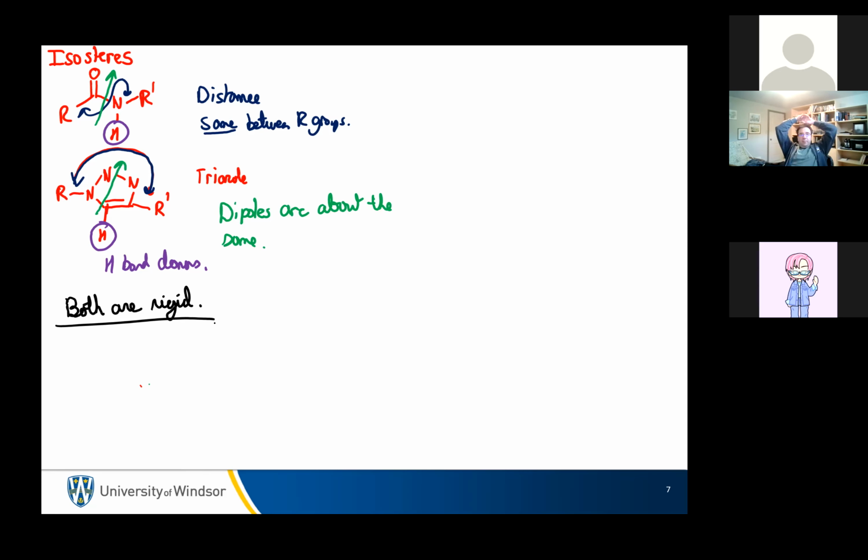Dipoles are about the same. The directionality and the magnitude of the dipole is about the same, and both are pretty rigid. Amide bonds don't really rotate because there's kind of a quasi-double bond between nitrogen and carbon due to resonance. And the triazole, of course, doesn't rotate because it's a triazole. And I missed a double bond in the triazole there. It must be there.